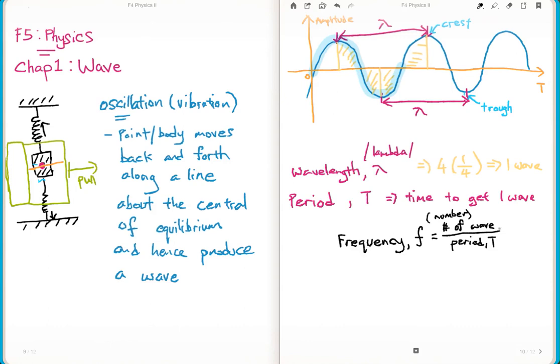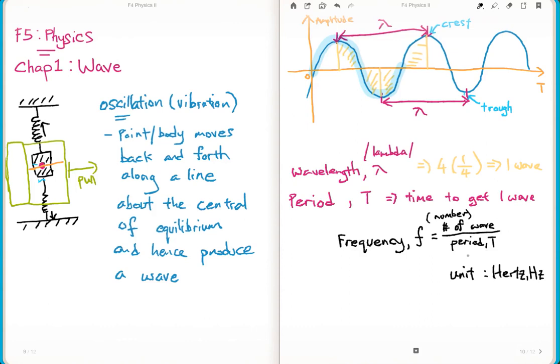Now in Form 5, the unit would be the same, just like what we have learned last time. Frequency unit is hertz. It's the same thing, it's just that you're going to get it more accurate.